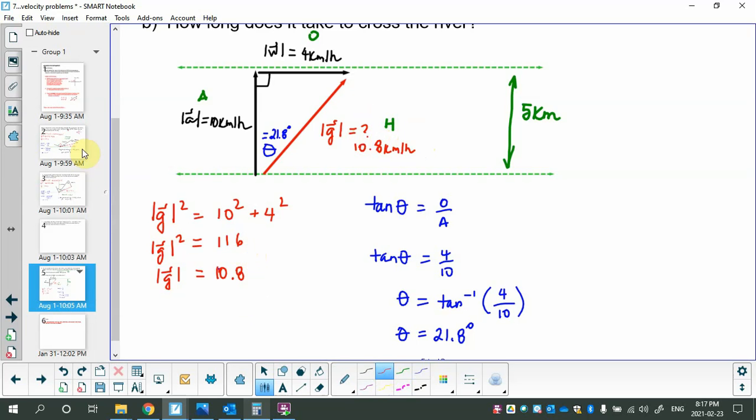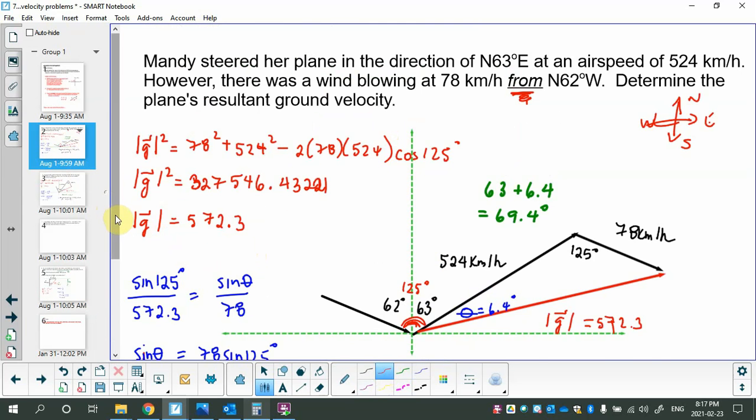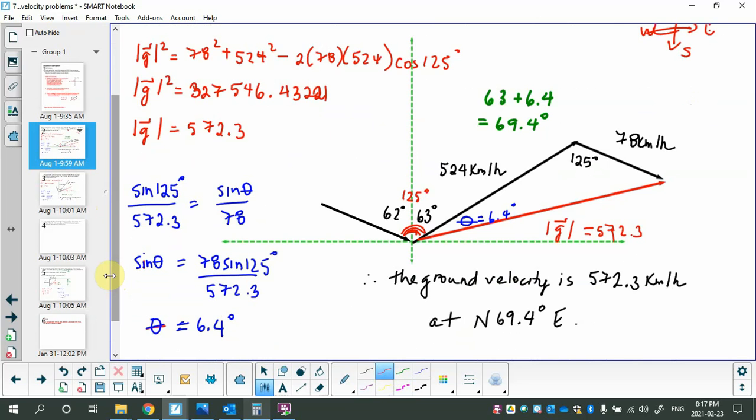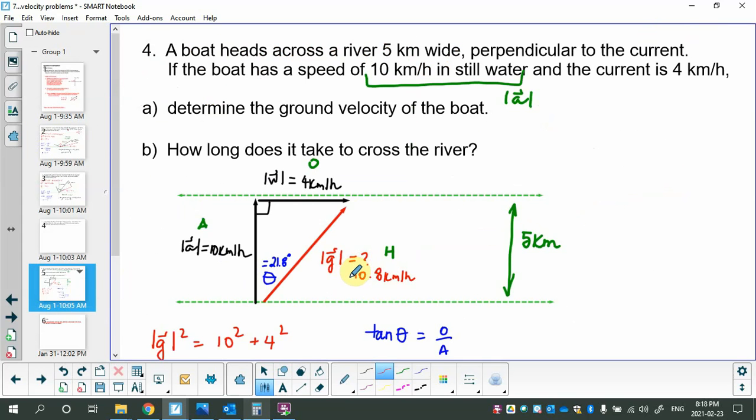And for the record, ground speed is what you see when you're standing on the ground and you look up at the plane. So you don't know that the pilot is heading in this direction only to be pushed by the wind to get to where they're actually going. And this is what you see on land.